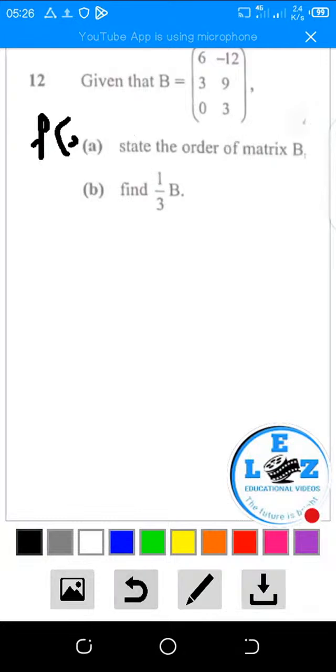Okay, this is question 12 from paper 1 2024 internal, and the question was as follows. Given that matrix B is equal to 6, negative 12, 3, 9, 0, 3. Question 12a is saying state the order of matrix B.